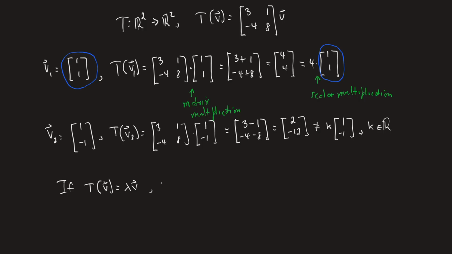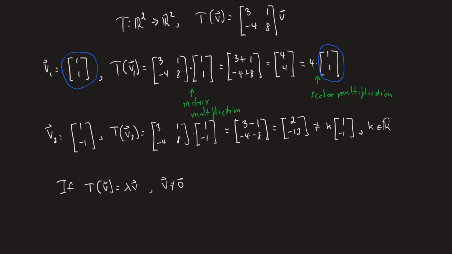For one, we don't want our eigenvector to be the 0 vector, right? If you think about it, if I do my matrix multiplication with the column of zeros, I will always get a column of zeros. So then I could have pretty much any constant here that would satisfy that equation. So essentially we want something that's non-trivial, right?